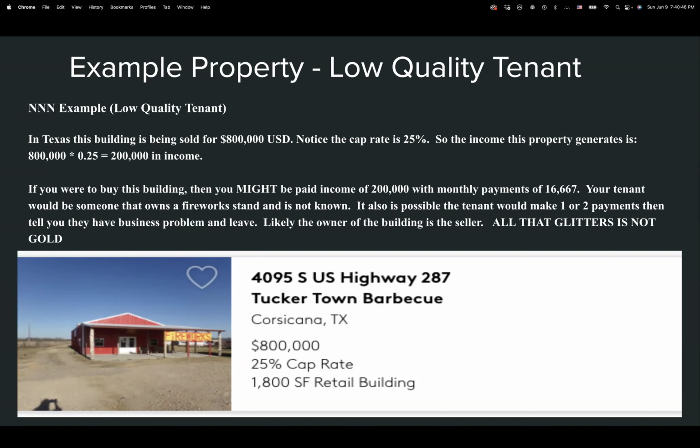And that may work out great if he can pay the 25% rent, which amounts to income of $200,000 a year, and monthly payments of $16,667. But that just looks like something could go wrong. Maybe that business fails. Maybe it's not successful, and then you've bought this for $800,000, and after a few months or a year or two, it's out of business and you're out of luck.